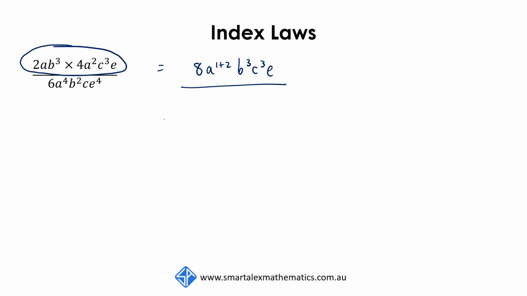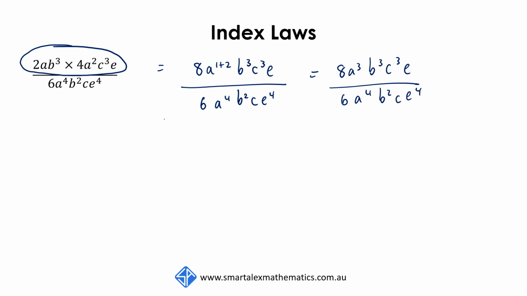And on the denominator, we have 6a to the 4, b squared, c, e to the power of 4. Let's rewrite this as 8a cubed, b cubed, c cubed, e all over 6, a to the 4, b squared, c, e to the power of 4. The 8 and the 6 can simplify to 4 over 3.